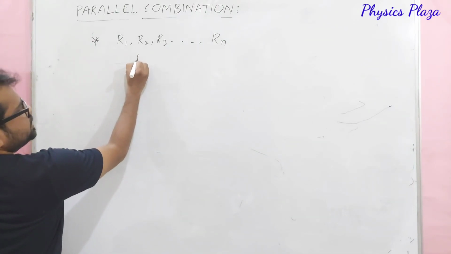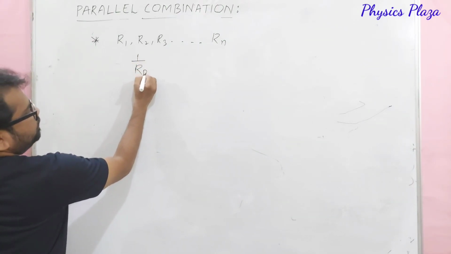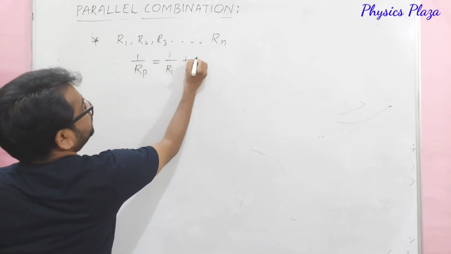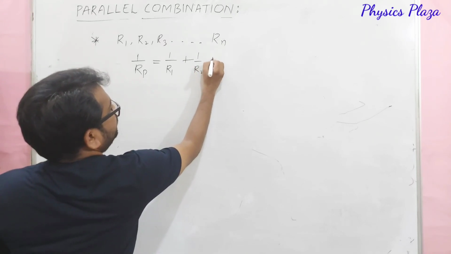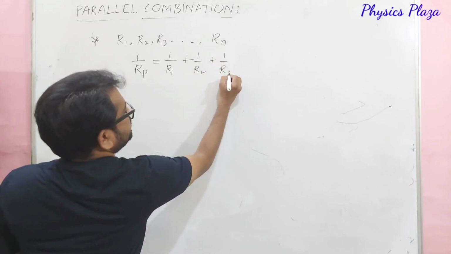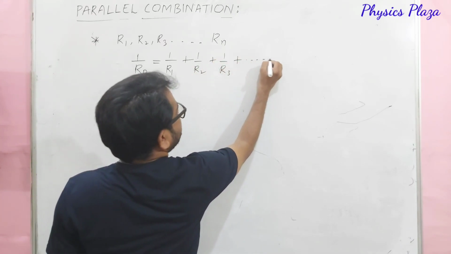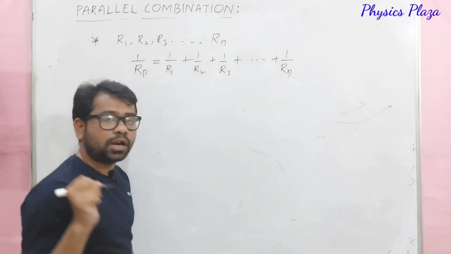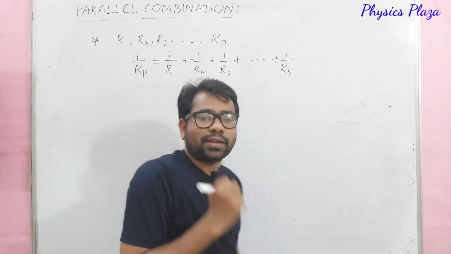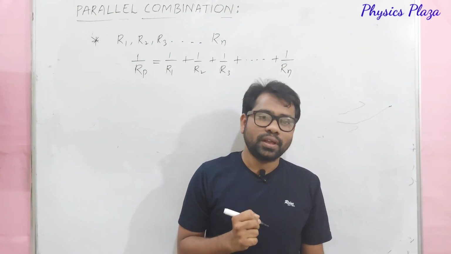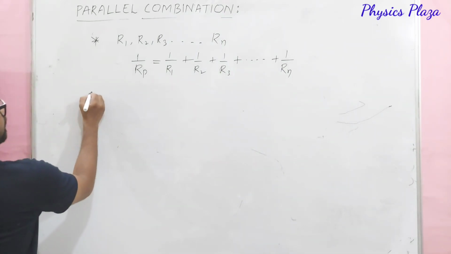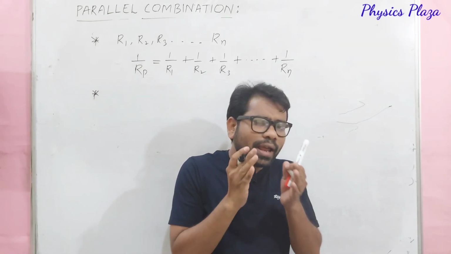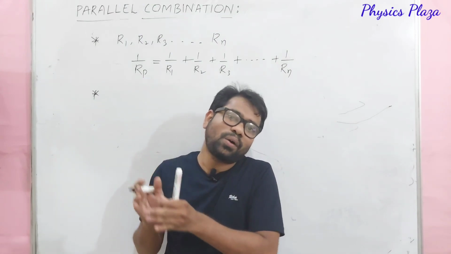So this will be the same thing. The reciprocal of the resultant resistance is always equal to the sum of the reciprocals of the individual resistances. You can take any number of resistors, so their reciprocals must be added in order to calculate the resultant resistance, that is the effective resistance. That is the first point. And if the n number of resistors have the same resistance, then how can we calculate?